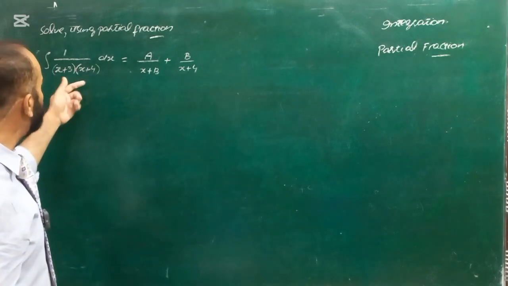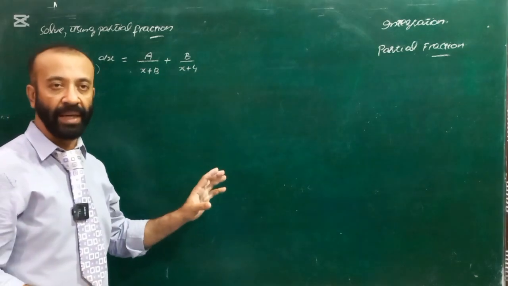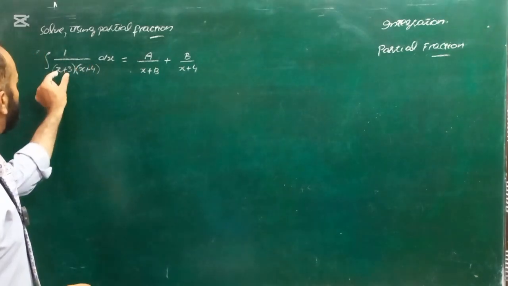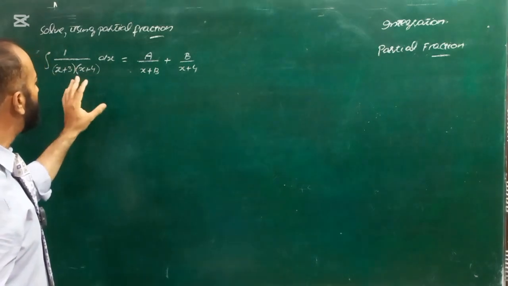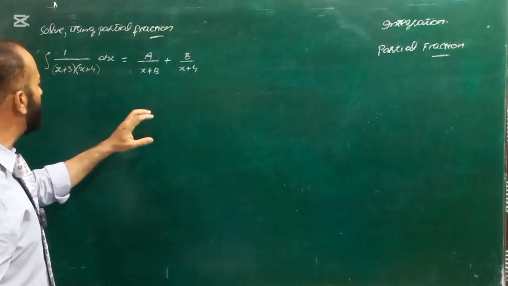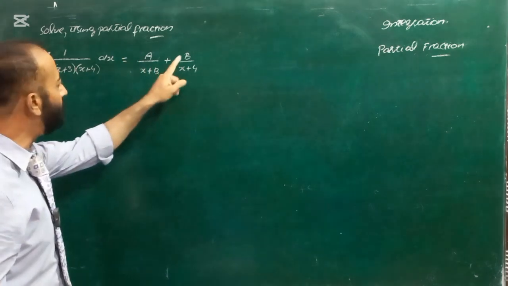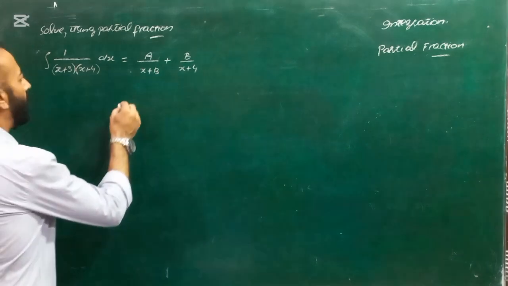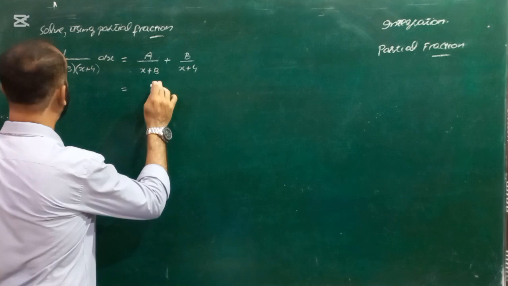The type is, in the denominator we will be given the brackets in which linear equations will be there. So x plus 3 is linear as well as x plus 4 is linear. So the method to solve is, first step will be, we will write a over first bracket plus b over second bracket. Okay, now we will take the LCM of the right side.